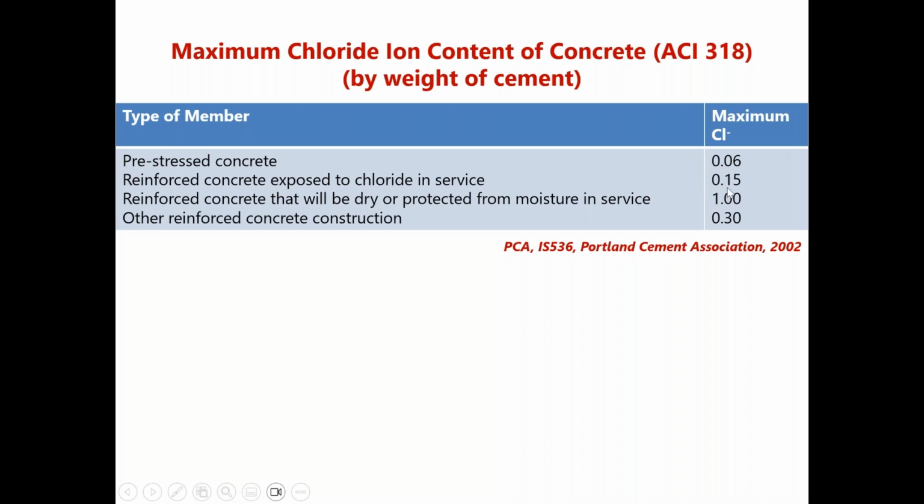The maximum chloride content by weight of cement is 0.15, but if the reinforced concrete is dry or protected from moisture, you can have up to 1 instead of 0.15. So again, the role of oxygen and water are really crucial here. But at the end of the day, chloride is not good to have in the concrete if it's got steel reinforcement.